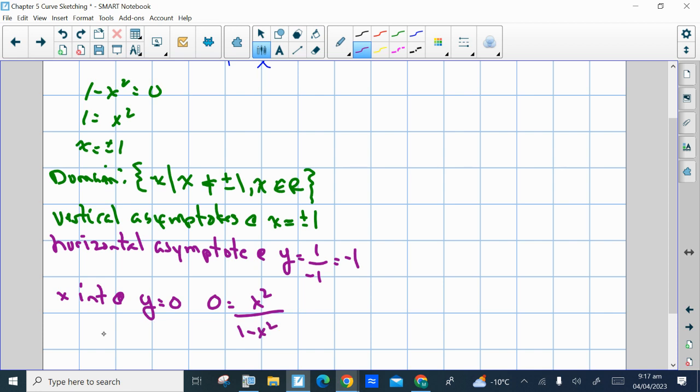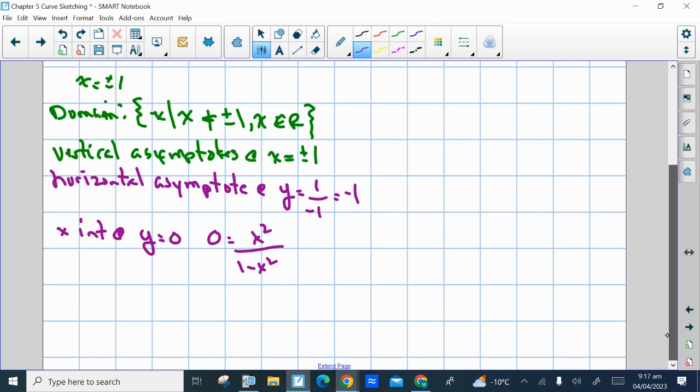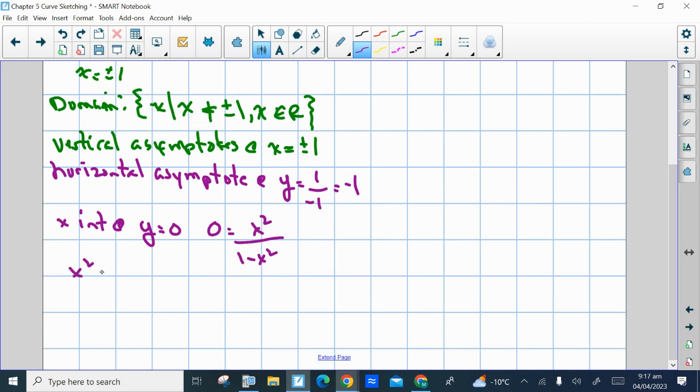So it's where x squared equals 0, which is where x equals 0. There's only one x-intercept, and that's at 0, which will also be our y-intercept as well. So we can say that our intercepts are at 0, 0. And that's the only one.